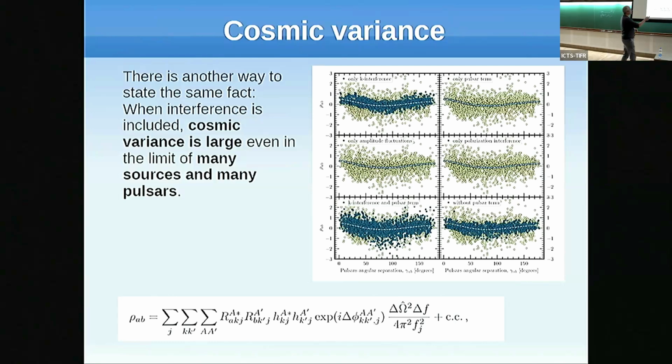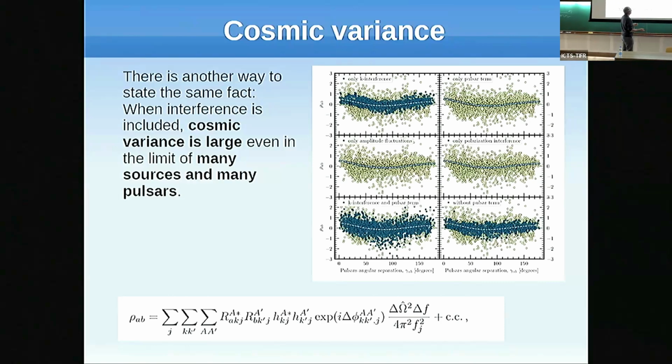And what I get is this, and you can measure that the variance here is roughly half the full variance. Another thing you can do is switch everything off, but the K interference and the pulsar term, and what you see is that the variance is roughly the same as before. So the two most important things here seem to be the K interference and the pulsar term. The K interference has a large effect.